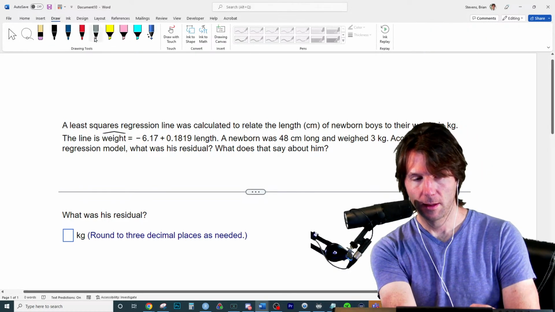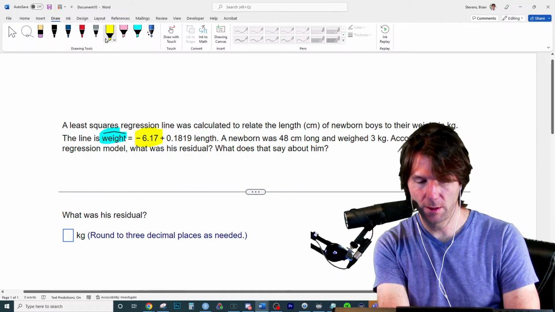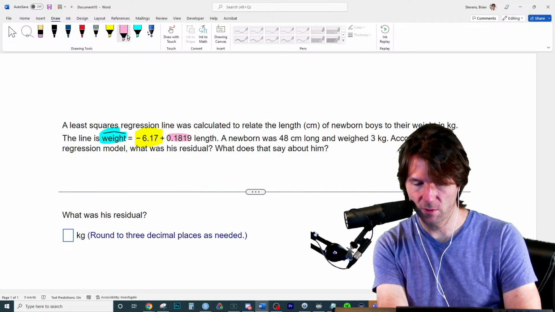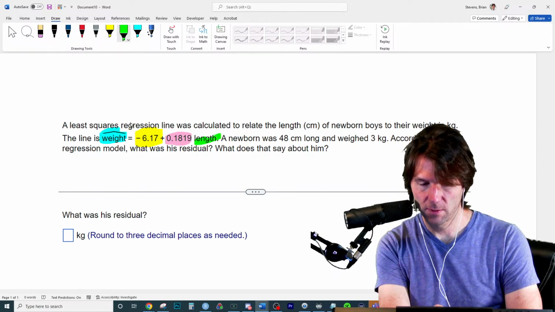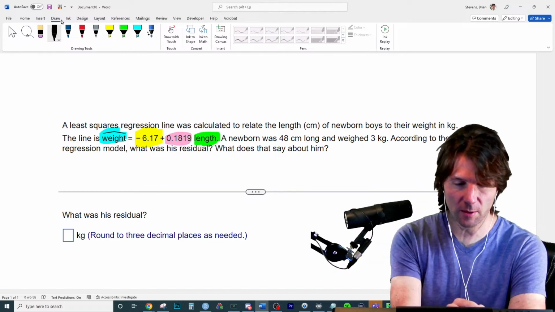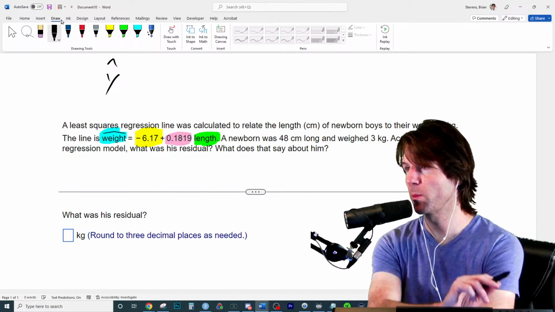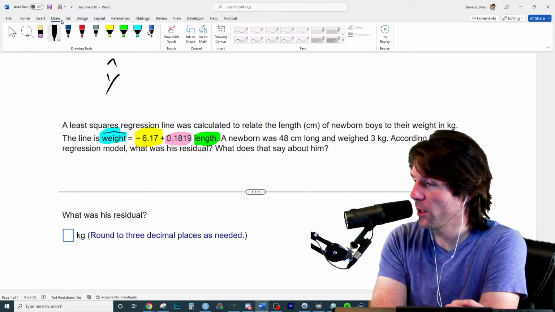Are you ready? What is that color? What is this one? What is this right here? And then what is this? The predicted weight. So that's the Y variable of interest. We are predicting weight. So that means we are predicting that. Correct.